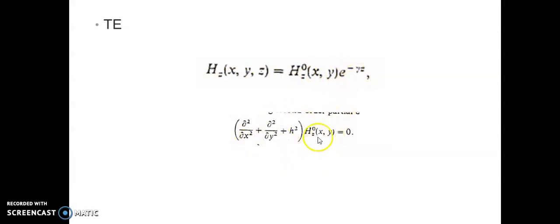And the corresponding Helmholtz equation for Hz0 is given by ∂²/∂x² + ∂²/∂y² + h², Hz0(x,y) equal to 0, where h² is equal to gamma square plus k square. And the solution for Hz0 should satisfy the corresponding boundary conditions.